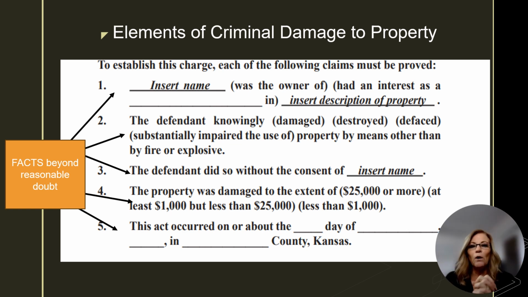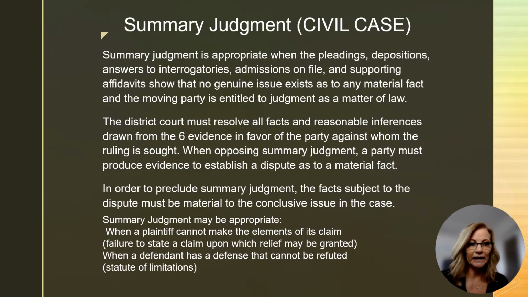So what happens if somebody, and we're going to go to civil because this doesn't happen on the criminal end, but I'm going to give you this little insight because your next video is on briefing a case and you're going to come up with this thing called summary judgment. Okay, what is summary judgment? It applies to a civil case.